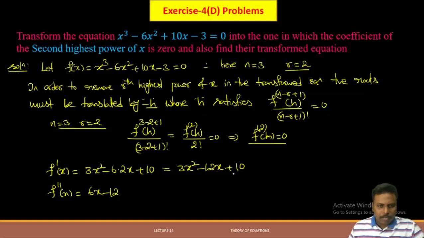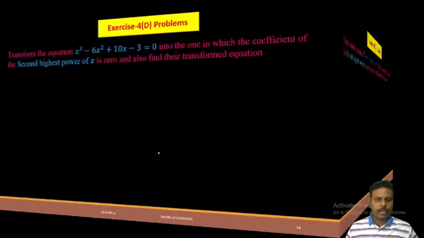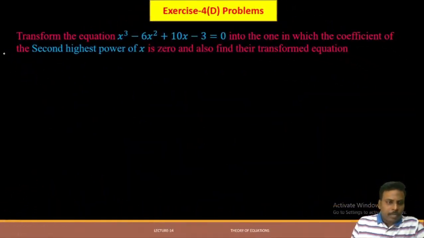Now you equate the double derivative to 0. Sorry, f double dash at h. Then this becomes 6h minus 12 is equal to 0, which implies h is equal to 2. That means roots must be translated by minus 2. Okay, let us continue the problem here.